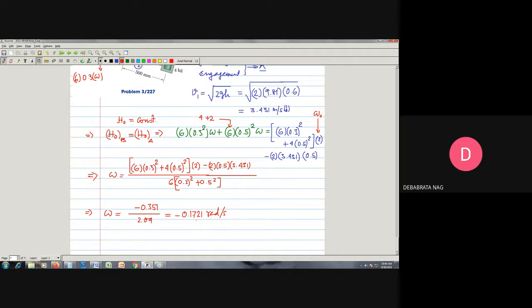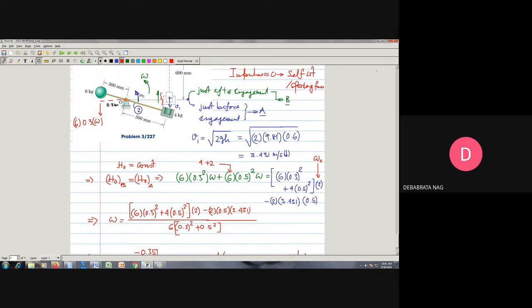So it is this, and the important thing is that we are having a minus sign. So essentially it means what? Essentially it means that after engagement the angular velocity of the system, the entire system, can be taken as 0.172 radian per second, in the clockwise direction, because you see we have taken everything here anti-clockwise, right?